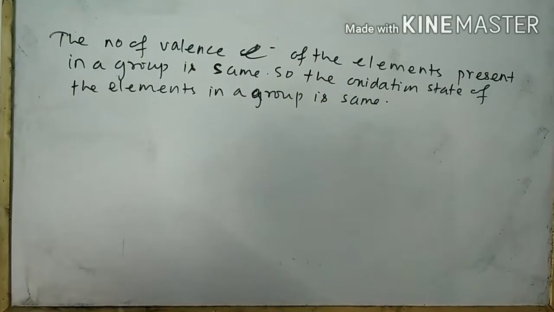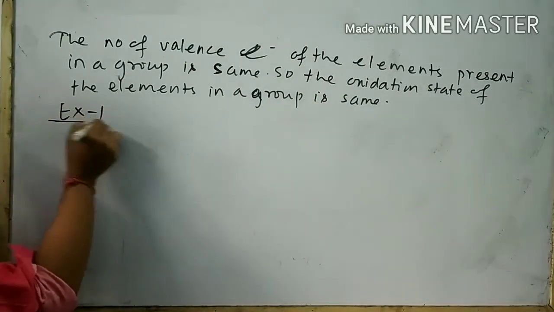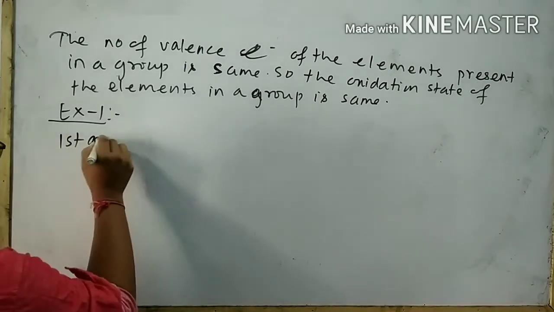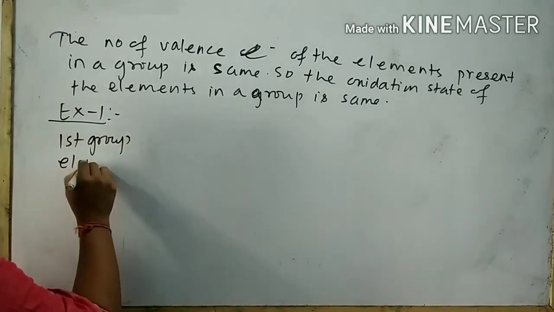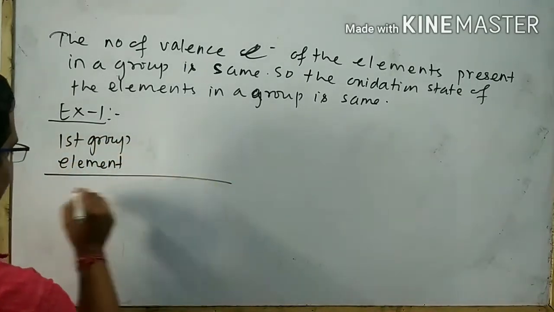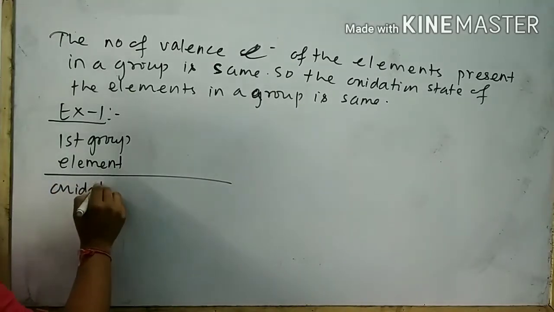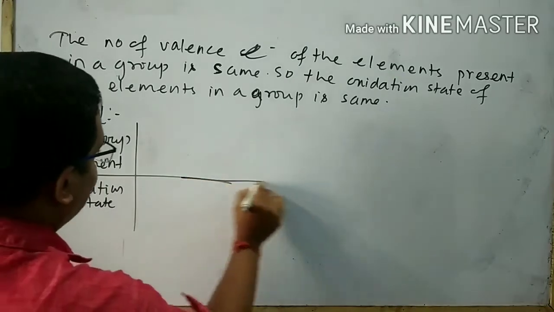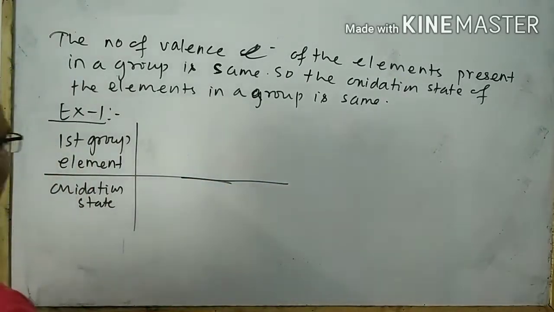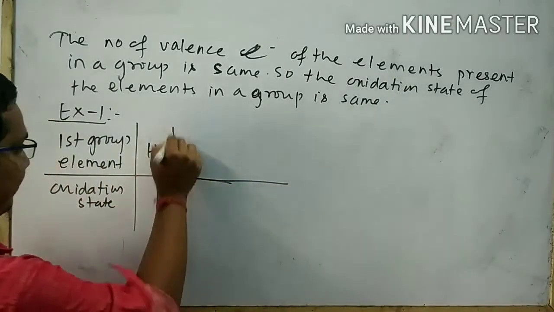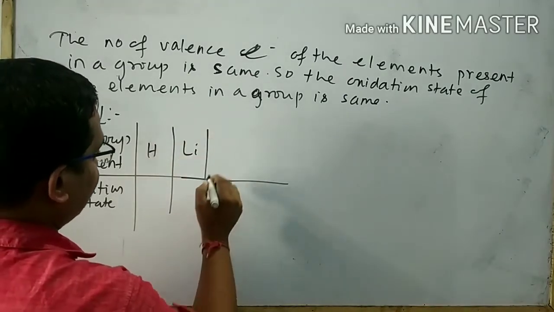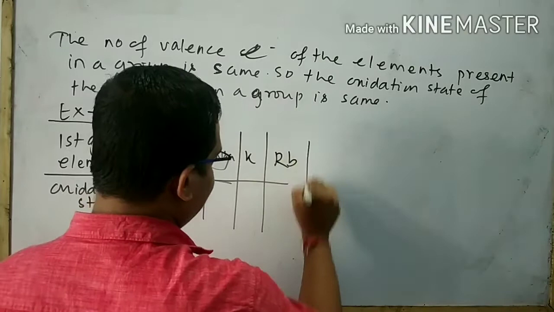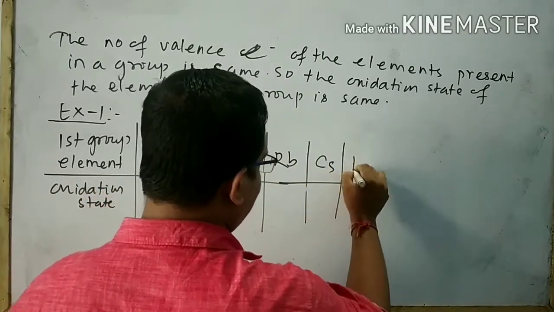Now take example number 1, the first group elements. Suppose I think about the first group elements: hydrogen, lithium, sodium, potassium, rubidium, cesium, and francium.